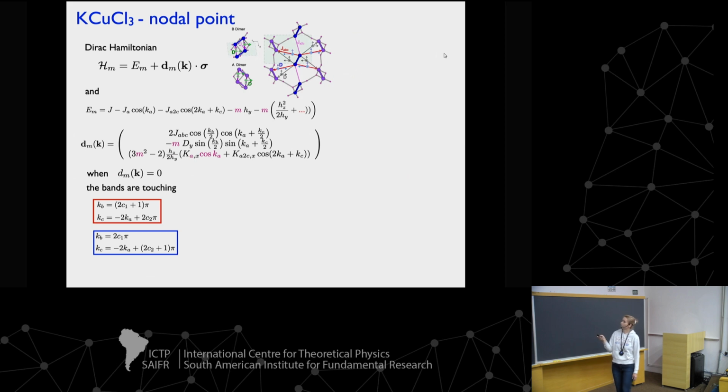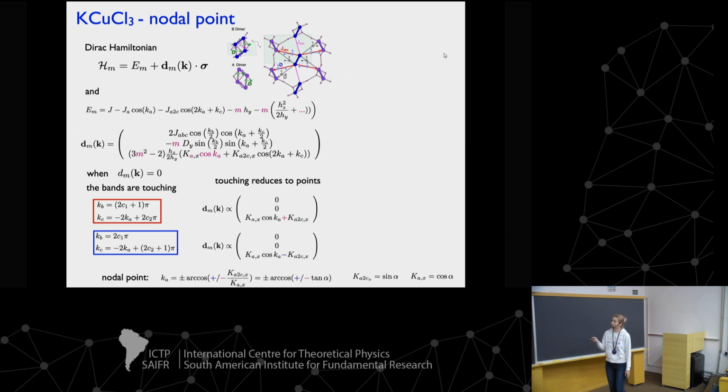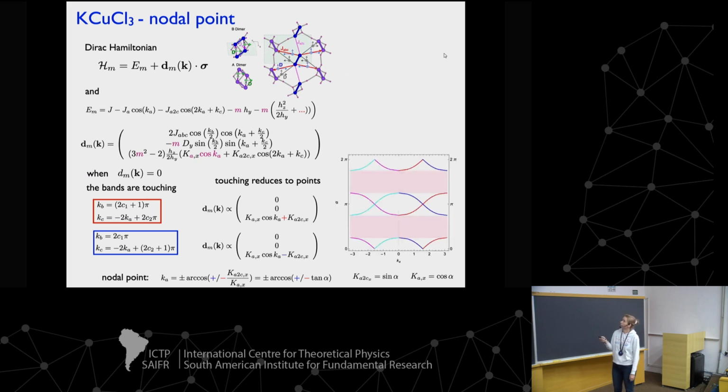I will have in the Z component KAX times the cosine K, which is a new condition for the momentum. To be able to zero this D vector out, I need to satisfy that the DZ component is 0, and that gives us another condition for the KA component, which now, instead of forming a line, gives just certain points in the Brillouin zone where this D vector can be 0, and one can plot it in many ways.